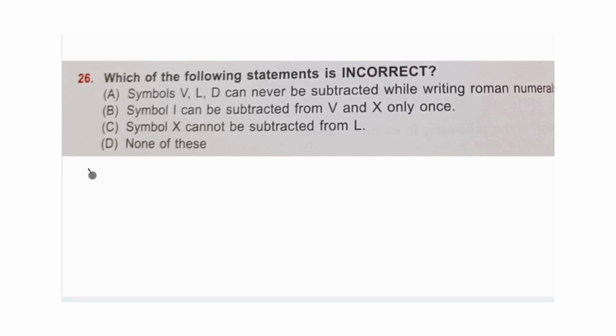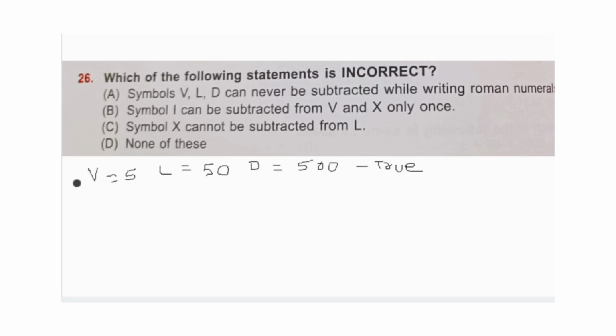V is 5, L is 50, and D is 500. So based on the statement, symbols 5, 50 and 500 can never be subtracted while writing Roman numbers is true. You can never subtract them.